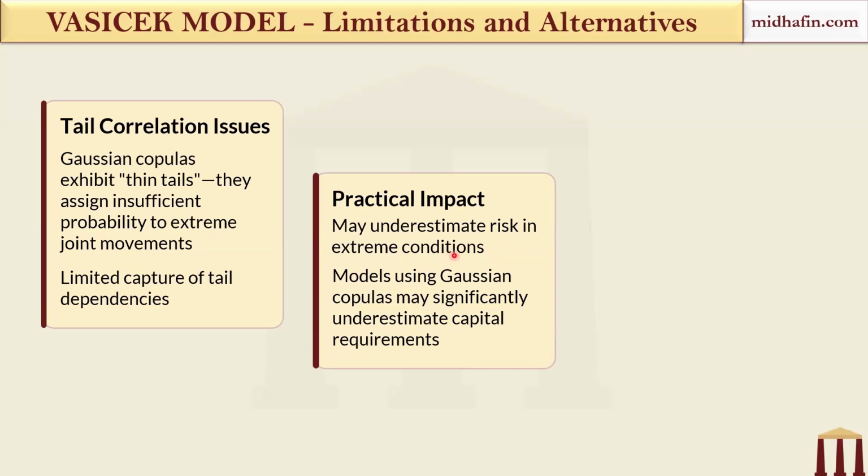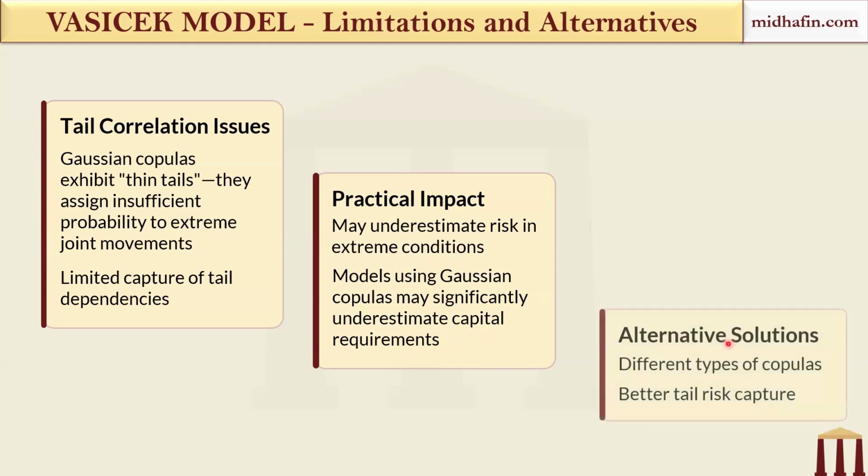But if the model is not capturing this phenomenon properly when it matters the most, then somewhere down the line, the model is not effective in these conditions. So they are underestimating the capital requirements because they are not able to estimate precisely the tail risk.